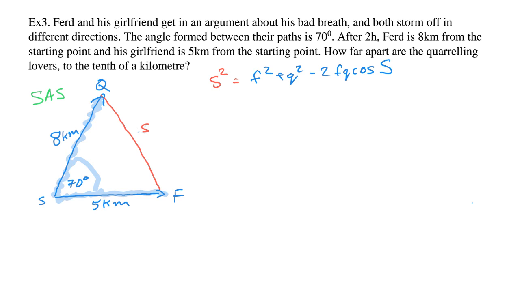So now let's substitute directly in. So let's say that you don't like using letters. So we're going to have, okay, so you look at the blue elbow, right? And you say, okay, so we're going to have 8 squared plus 5 squared minus 2 times 8 and 5, and then cosine of the angle 70.